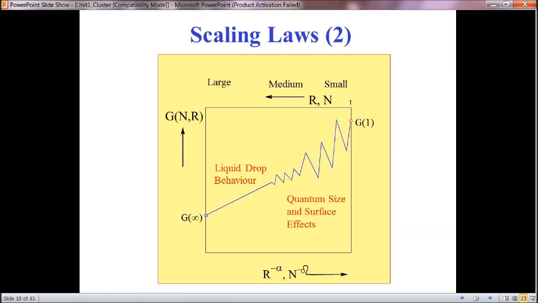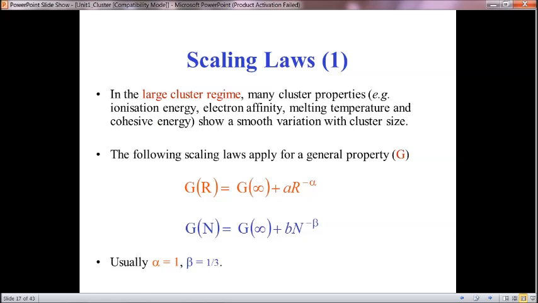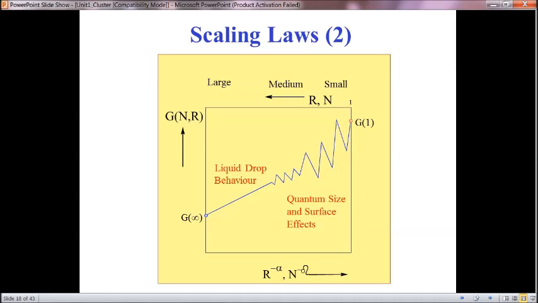So based on these, if we apply the scaling law to the general property with the radius and number of particles taken, for large particles like bulk, liquid drop behavior will be noticed with the clusters.